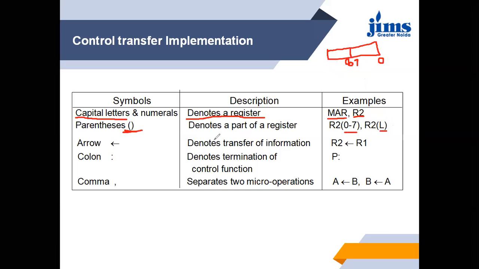An arrow denotes transfer of information, as here this arrow represents that the data of R1 is going to be transferred into R2. A colon represents the termination of a control function.